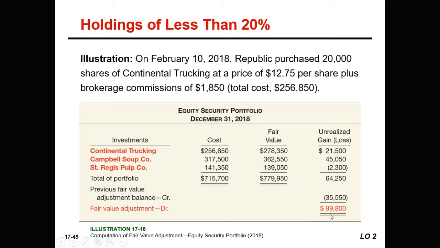Therefore, we must make an entry to bring the $35,550 as a credit to a balance of $64,250 debits. To make that entry, we must enter a debit entry of $99,800.